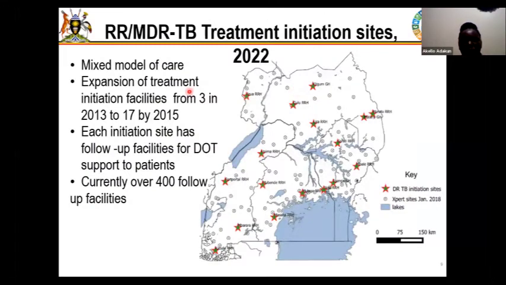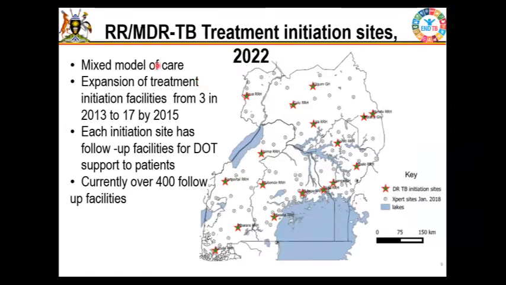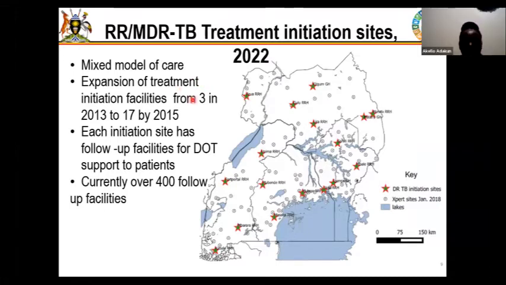For MDR-TB, we do a mixed mode of care, as I'll tell you later. The expansion of treatment was from 3 sites in 2013. There were just 3. And now we have 17 sites to date, but there were 17 already by 2015. Each of the sites, after initiating the patient, will identify a follow-up facility in the community to give what they call directly observed therapy to these patients.